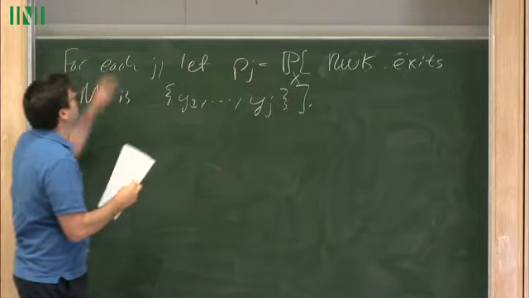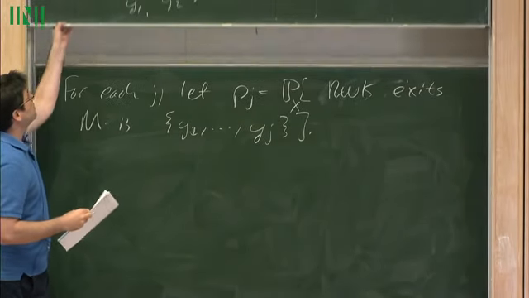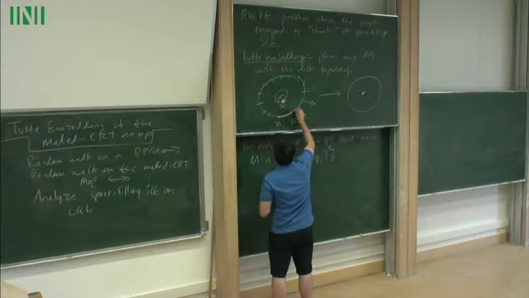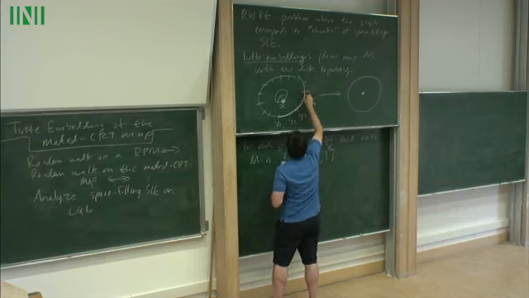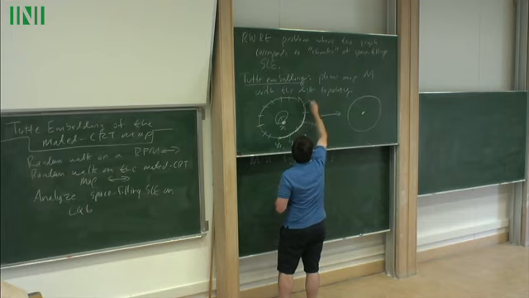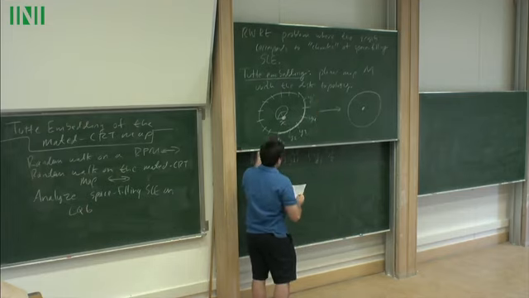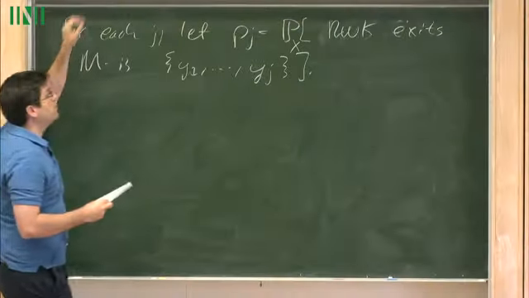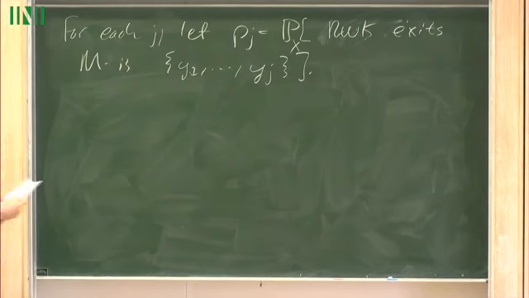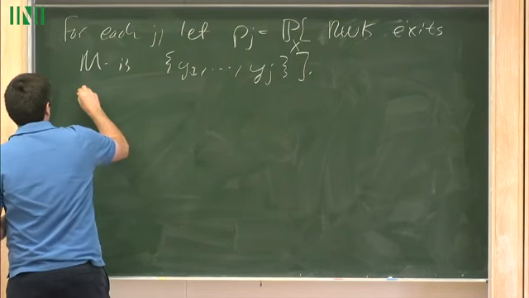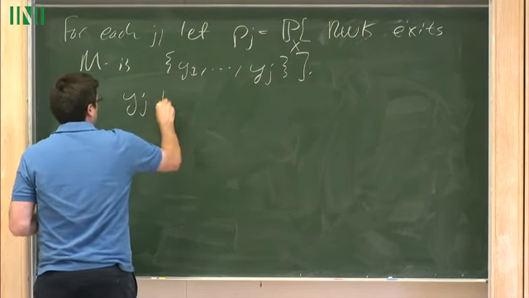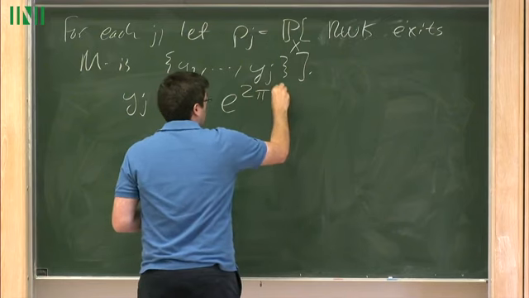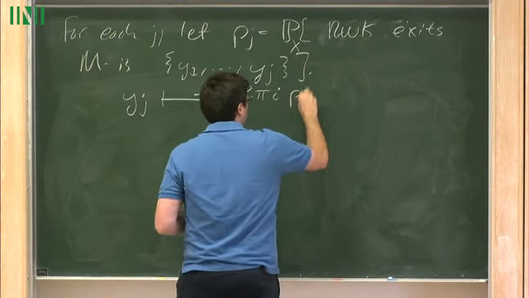Okay, so p sub j is just the harmonic measure as seen from x of the boundary interval, which starts from y1 and makes it to yj. Once you have these pj's, these determine how you're going to embed the boundary. So I'm going to take y sub j, and send it to the boundary point e to the 2 pi i pj.